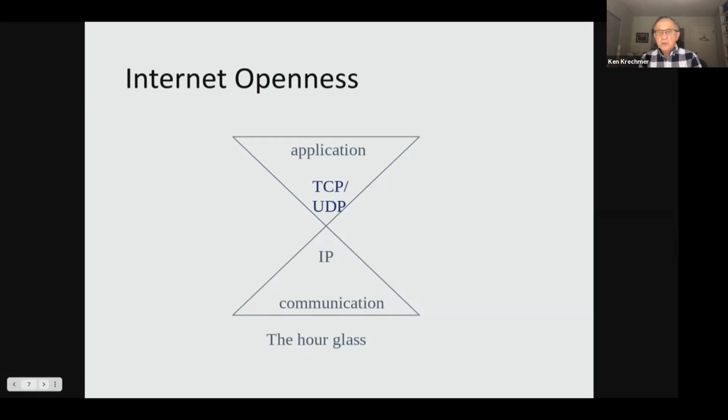Now I just listed the OSI model. The internet model, interestingly enough, has only 5 layers. The physical layer, the data link layer, the IP layer, the TCP UDP layer, and the application layer. There is no session layer or presentation layer.